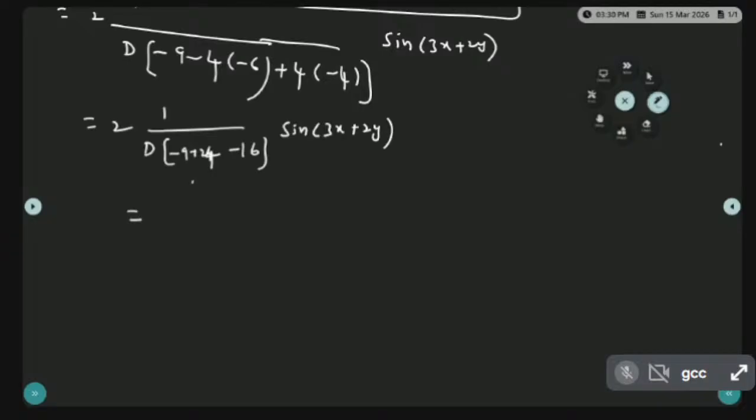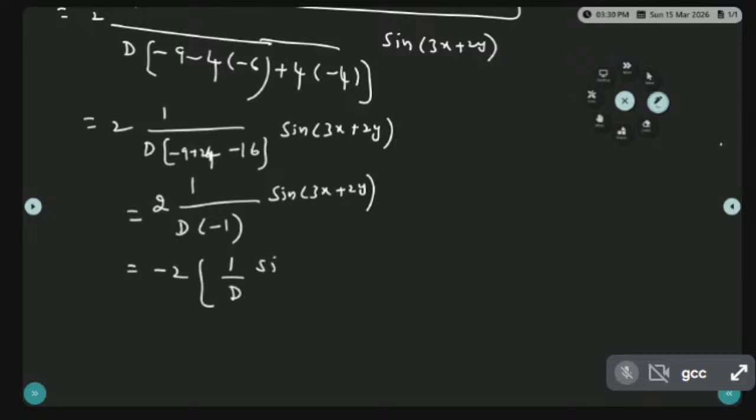Minus 1. Minus 1 sine 3x plus 2y minus 2. Finally, 2 by minus 1 minus 2. 1 by d sine 3x plus 2y.